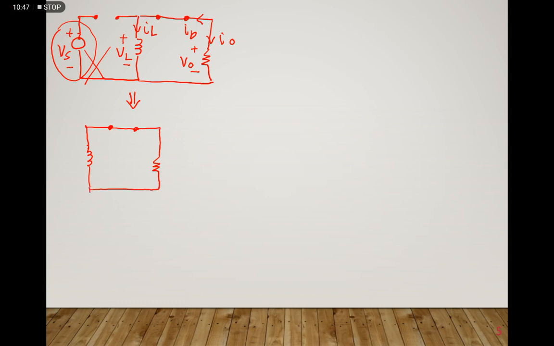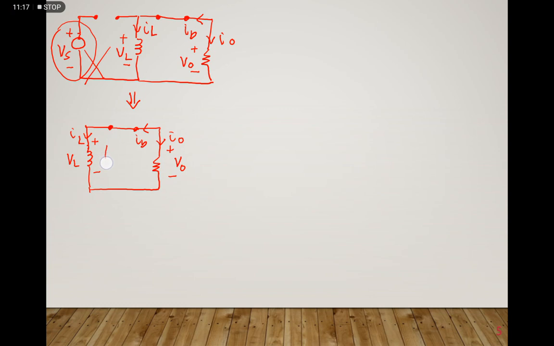VL, IL, ID over here, and this is V0, and this is your I0. This is your equivalent circuit when your switch is off and your diode becomes forward biased.